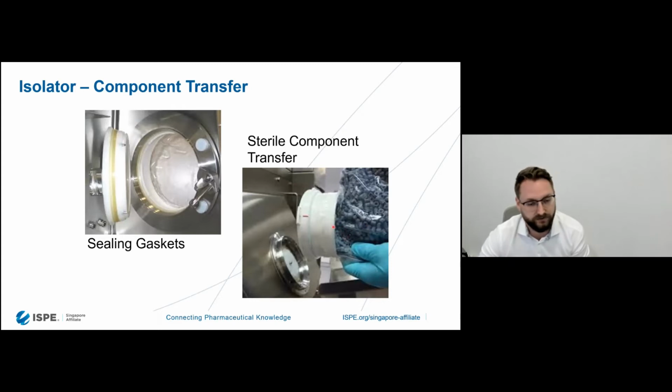They can also be used to transfer the sterile product in, to transfer microplates. If you have an RTP port, you can pretty much transfer anything in and out, as long as whatever you're transferring in is sterilized. And this ensures an aseptic transfer of components inside your machine.